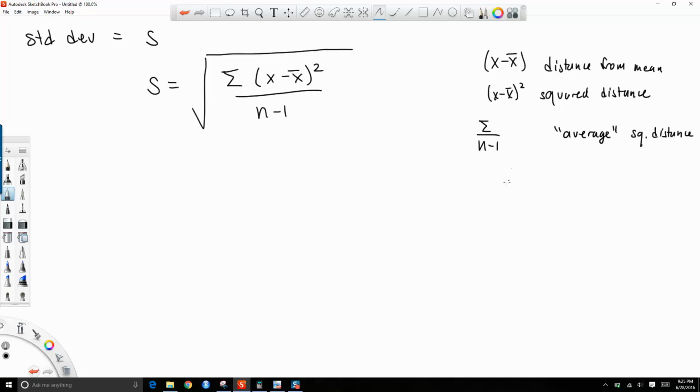And lastly, if we take the square root, then you get the standard deviation, the square root of the variance. Okay, so the formula is just a shorthand of all of these steps. You don't have to write them all out. It's just one way to point out how we are calculating the standard deviation.